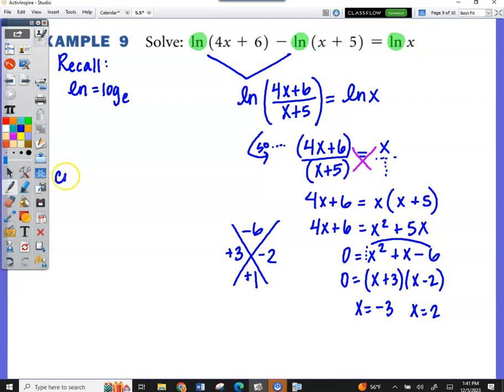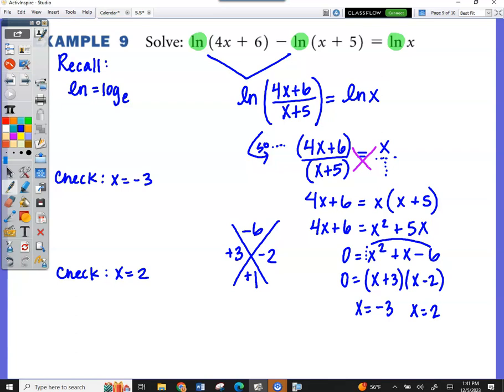So we're going to check x equals -3. We're going to check x equals 2. You could check it in the one where you condensed it right here, if you know for a fact you condensed it correctly.